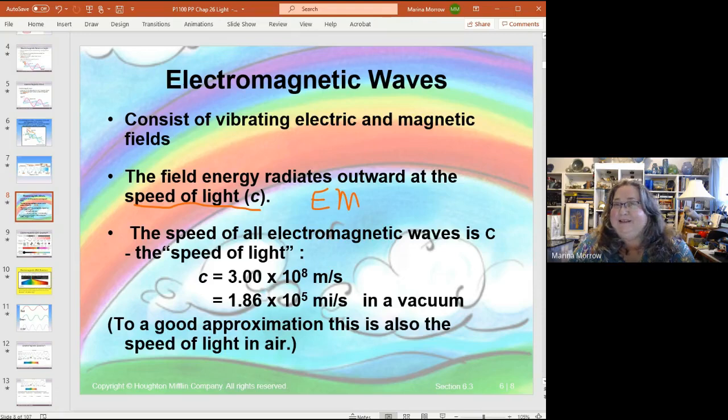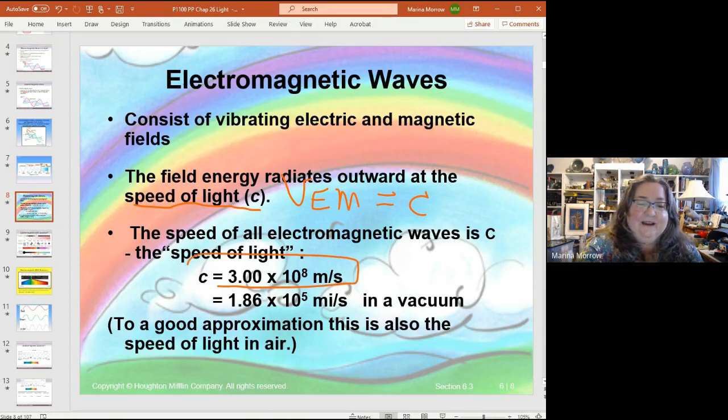So that's easier to write in your notes. So you could say that the velocity of electromagnetic waves is equal to c. And c is the symbol that represents 3 times 10 to the 8th meters per second, which is the speed of light and electromagnetic waves in a vacuum.